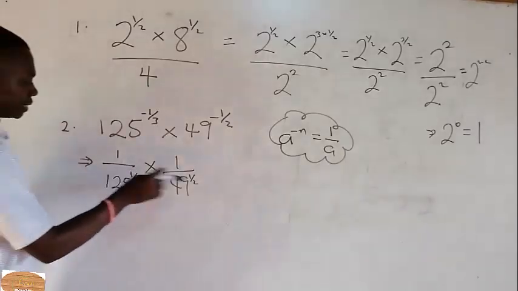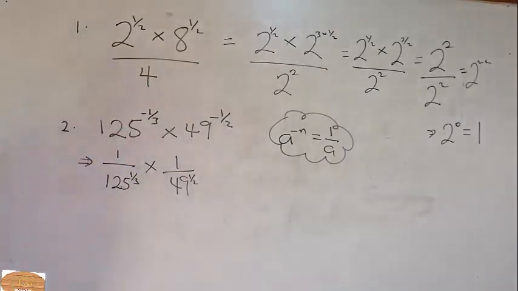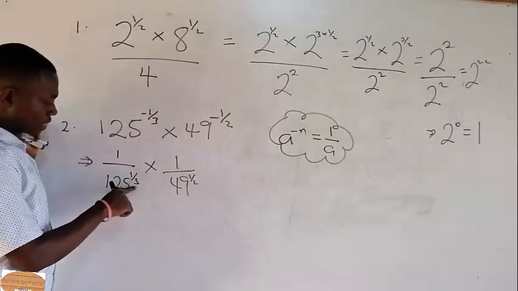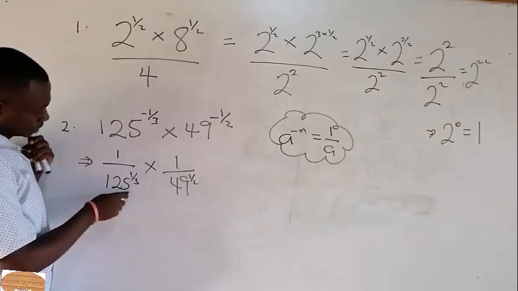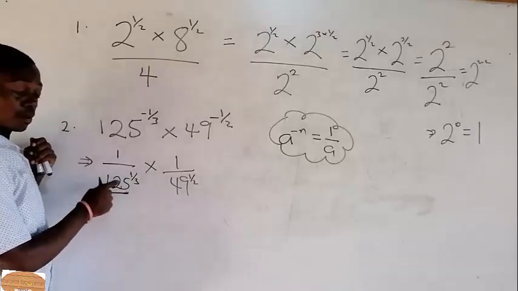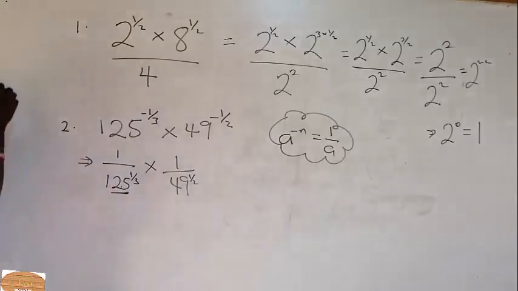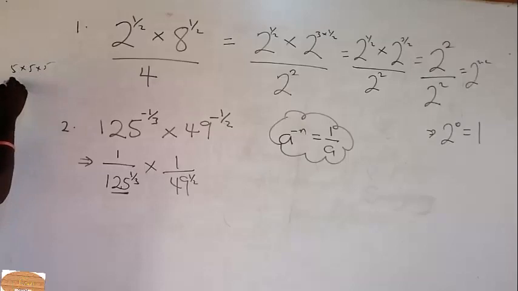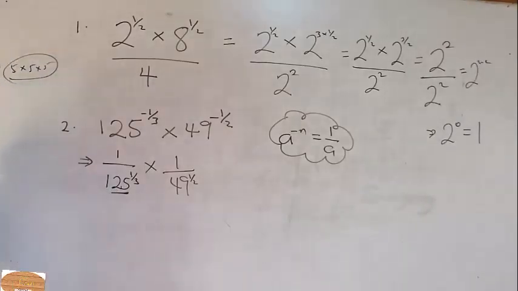With this, you can use 2 methods. Now the first method: I have the power 1 over 3, so let's change this number to a number to the power 3 which gives 125. We know 5 times 5 times 5 is 125, so we change this to 5 to the power 3.